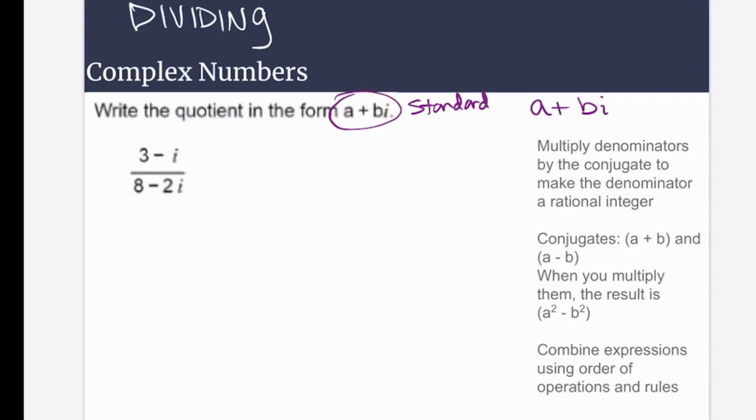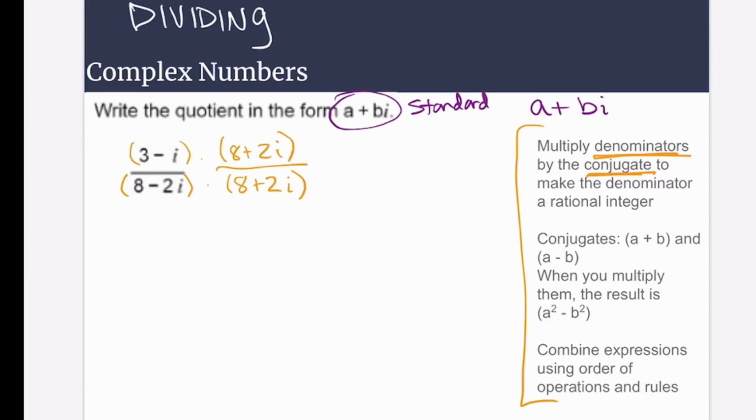When you have denominators with binomials, you multiply by the conjugates. We did the same thing for dividing radical expressions. The conjugate in this case, if our denominator is 8 minus 2i, is 8 plus 2i. We're going to do that on the bottom and on top.